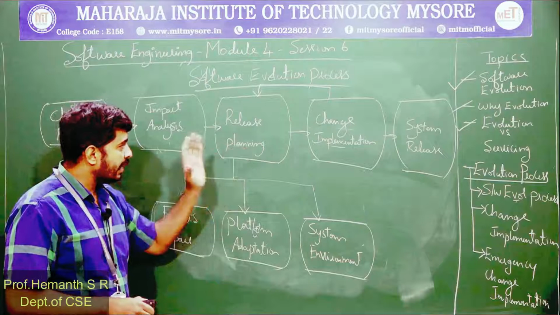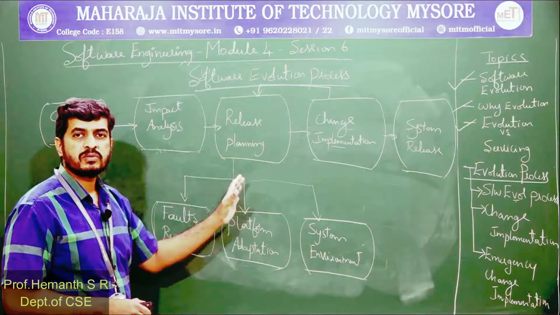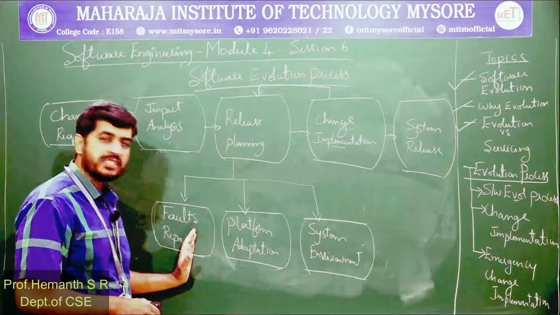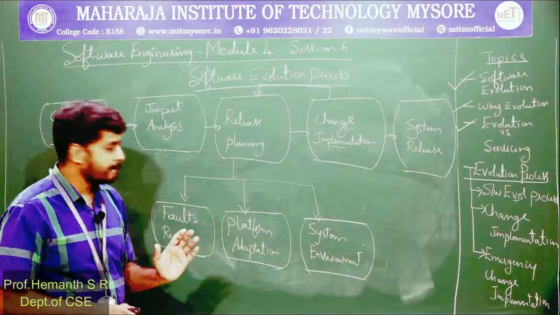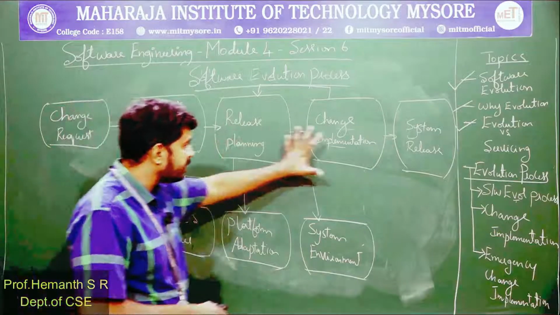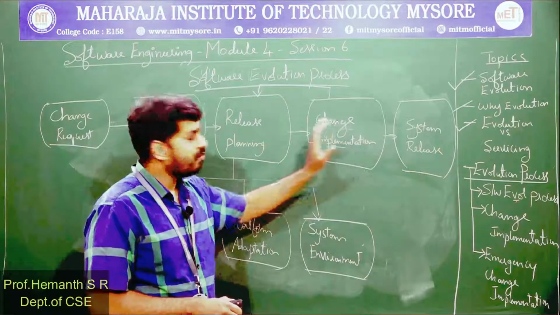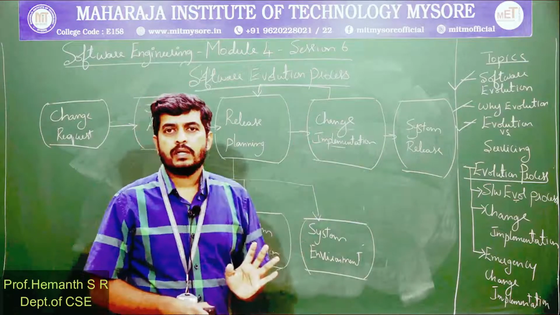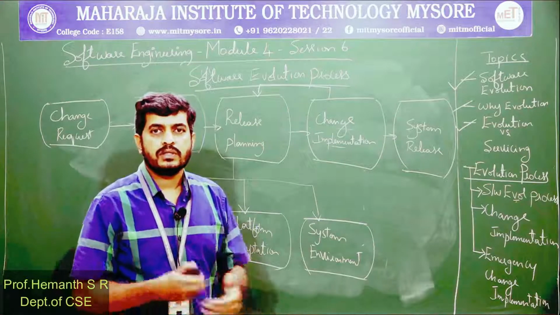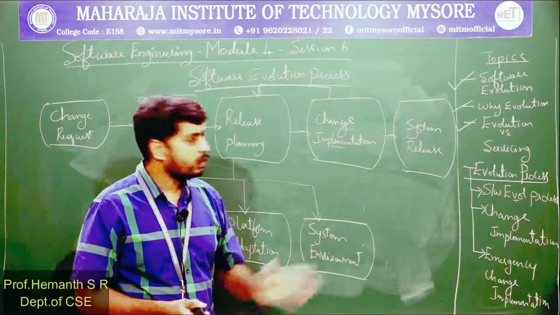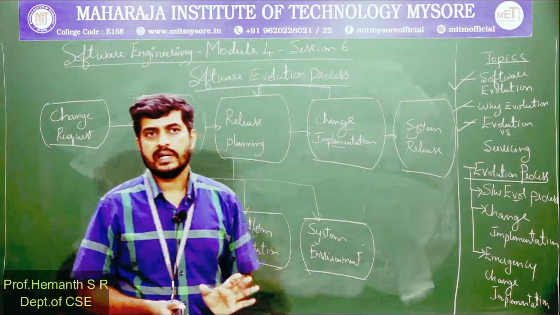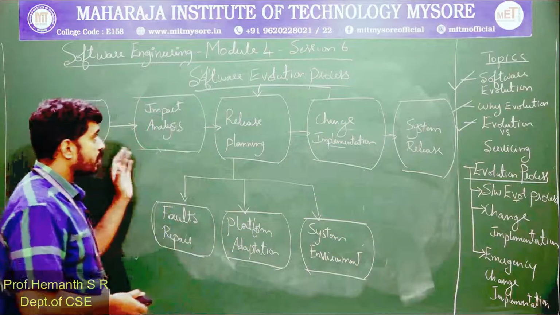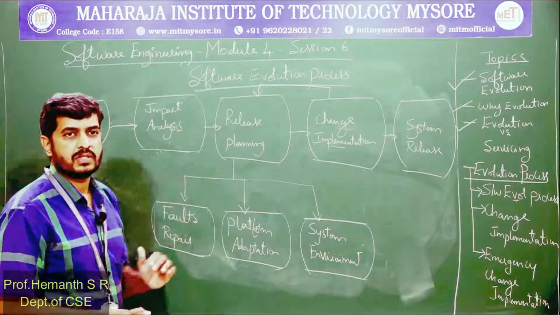Release planning has a blueprint of what type of change and how it should be done. The same will be reflected in change implementation, and once done with it, the existing software with the required changes will be released back to the client. So this was the software evolution process.